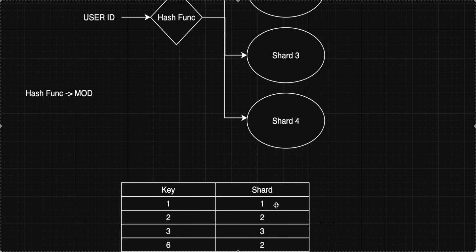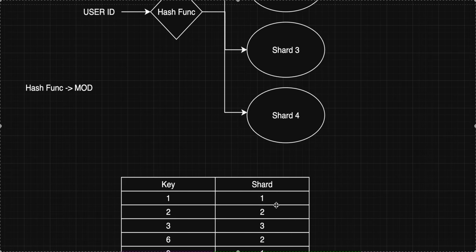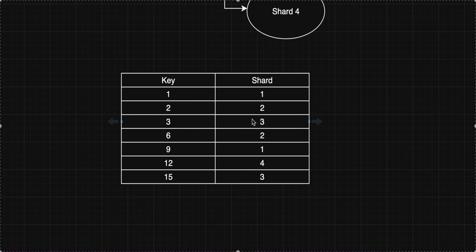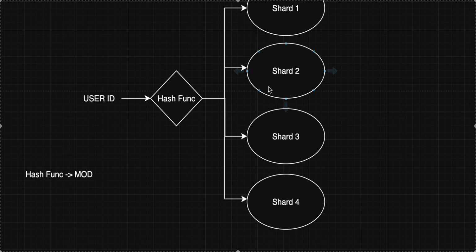So now, let's suppose user ID 6 was saved in shard 3 earlier. As we add shard 4, when a get request comes, user ID 6 will go to shard 2, not to 3. But in shard 2 it will not get that data, and it will return data not found, which is incorrect, because the data is there in shard 3.